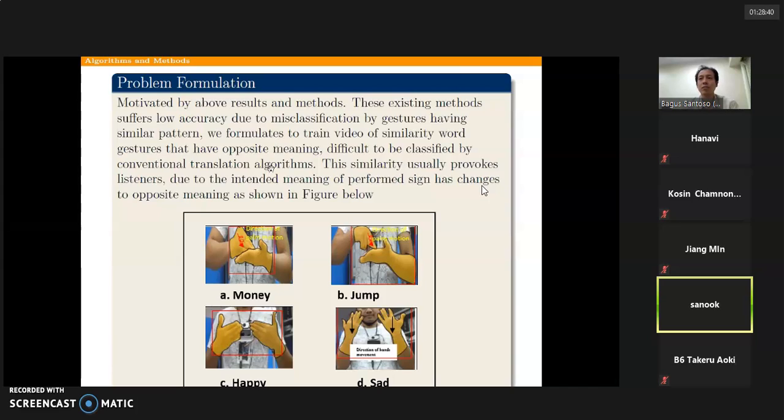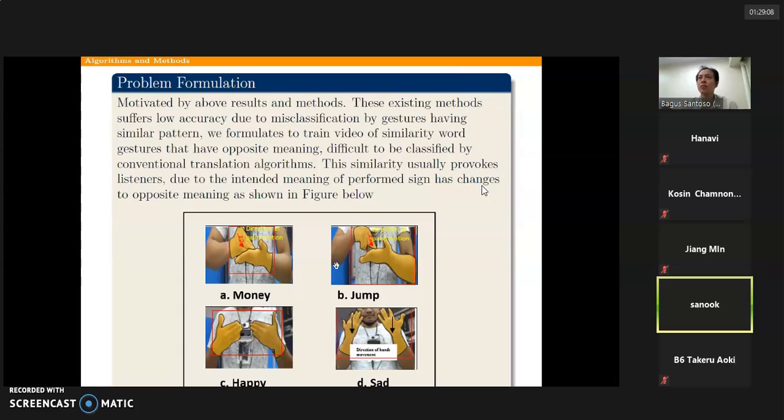And as well, correlated words like the ones we selected have a significant impact and pose a critical challenge to the translation of the gesture, because sometimes if the signer signs the word money, the translation algorithm, if it is not well coded, will translate the gesture money to jump. It will misinterpret the word.